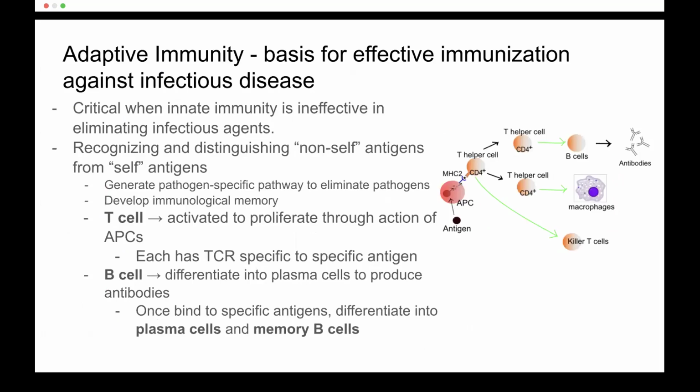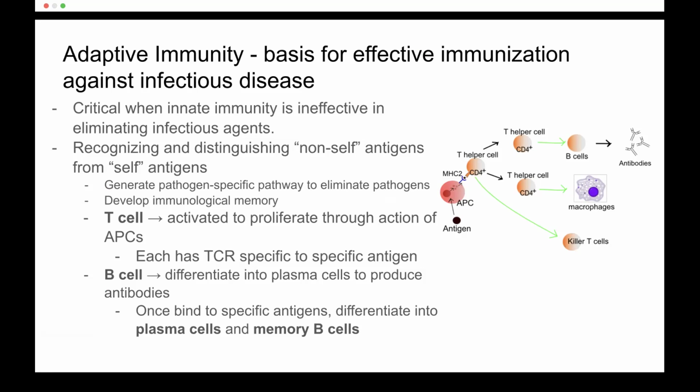So going on to adaptive immunity, which is the immune system that we're more familiar with, I guess. It's the basis of effective immunization against infectious disease. So adaptive immunity comes into place when innate immunity is not enough to kill all the pathogens.